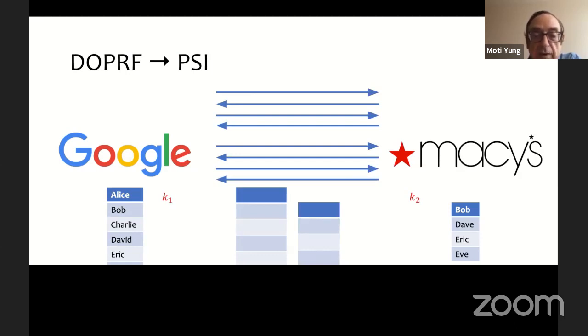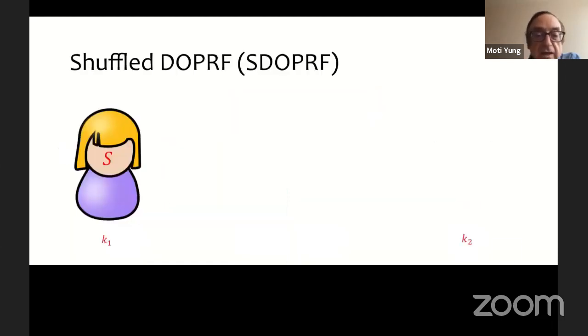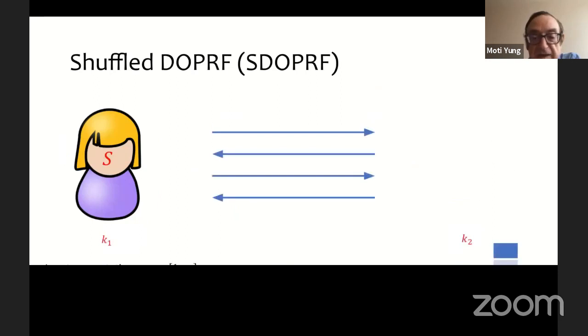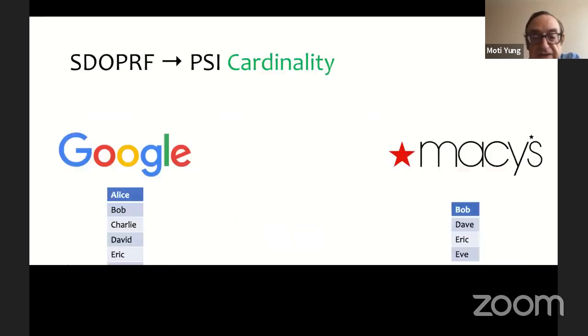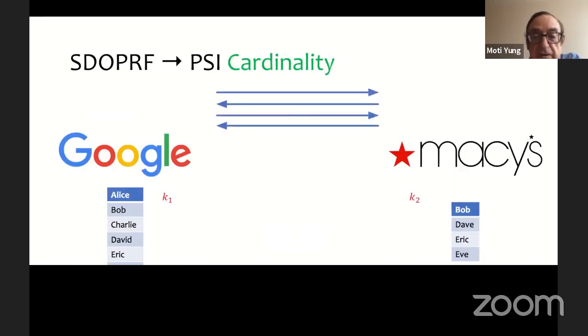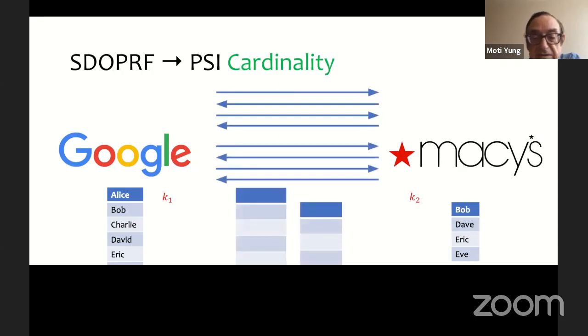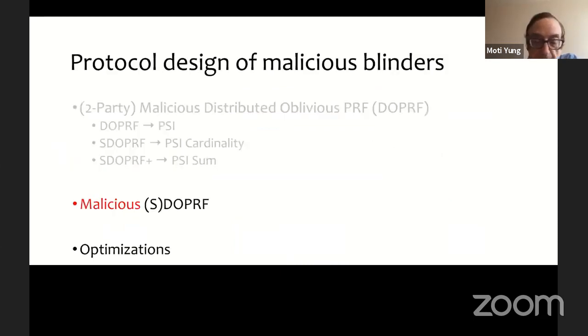And now, without shuffling, without anything, they both can see the matching and know the intersection. And if they apply the function to the two sets and they shuffle the sets, they permute them. This is Macy's permuted and Google's permuted. Now they can just count matching and we get the cardinality. And of course, if there is an associated sum, we can get the sum.